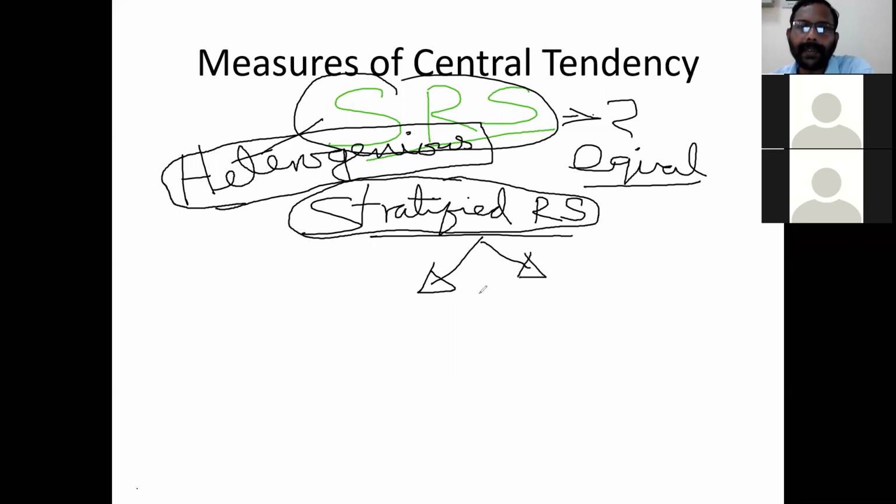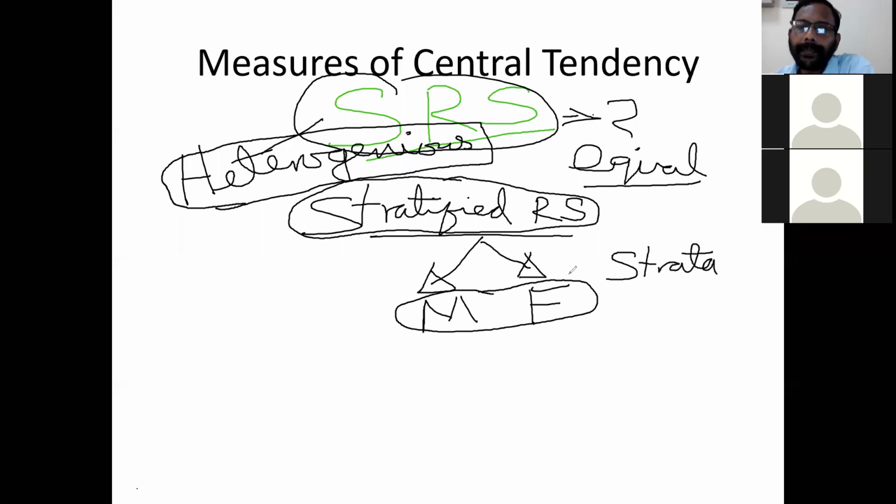That is the concept of stratified sampling. For example, male and female. So divide the group into possible categories, or sometimes they are called strata. Then we do simple random sampling from those strata. That is the concept of stratified random sampling.